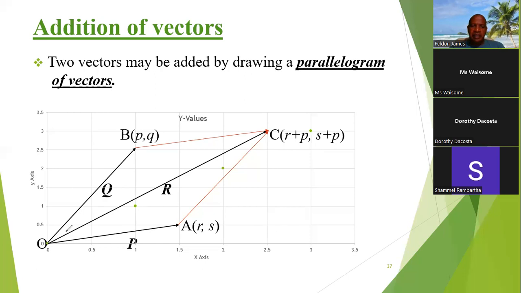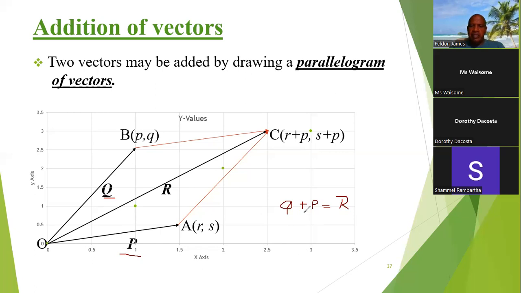So if we say the vector Q plus the vector P is equal to the vector R, now in vector language, this plus sign does not mean the literal add that you're used to.